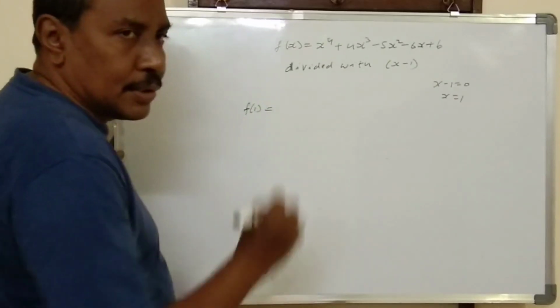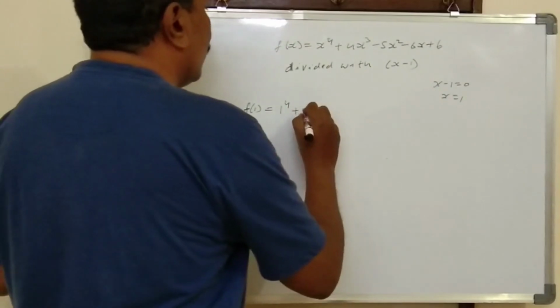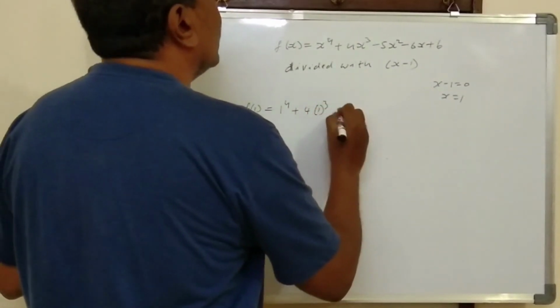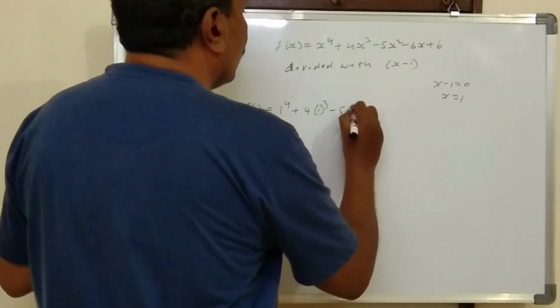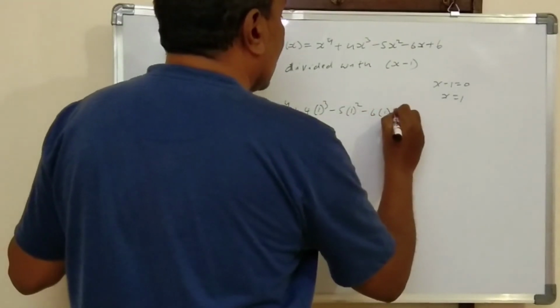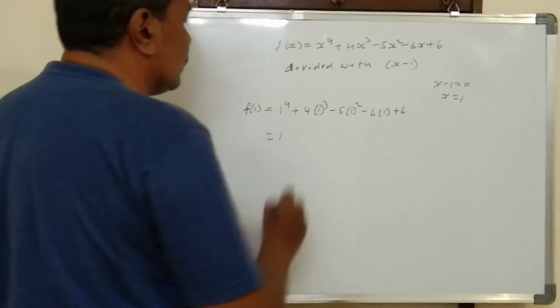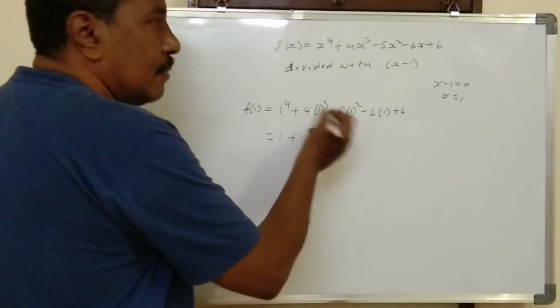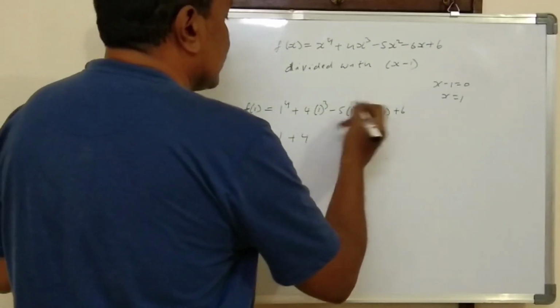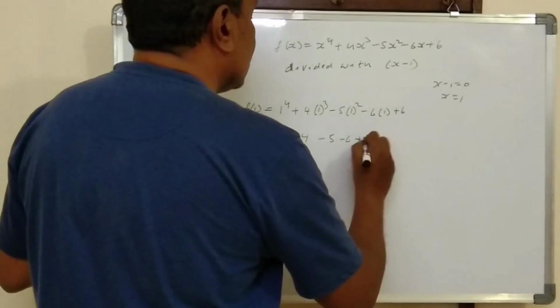f of 1 is equal to 1 power 4 plus 4 into 1 cube minus 5 into 1 square minus 6 into 1 plus 6. 1 power 4 is 1, plus 1 cube is 1, 1 into 4 is 4, 1 square is 1, 1 into 5 is 5, minus 6 plus 6.